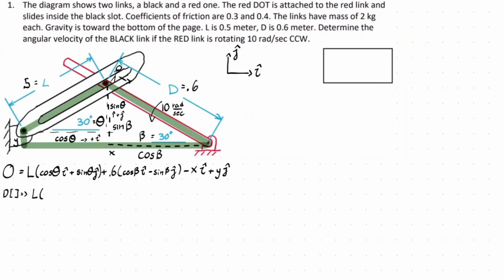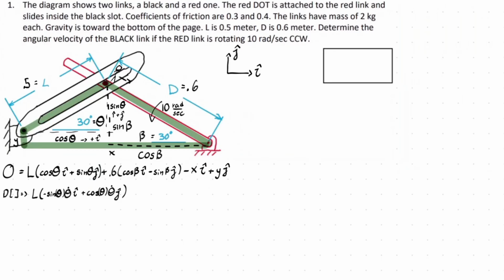And then the derivative of this second term: the derivative of cosine theta is negative sine theta, and then we have to use our chain rule, so this is going to be times theta dot, or that time derivative of theta. And then the derivative of sine is cosine, so just plus cosine theta, and then theta dot. And again, don't forget that these are in the i and in the j respectively.